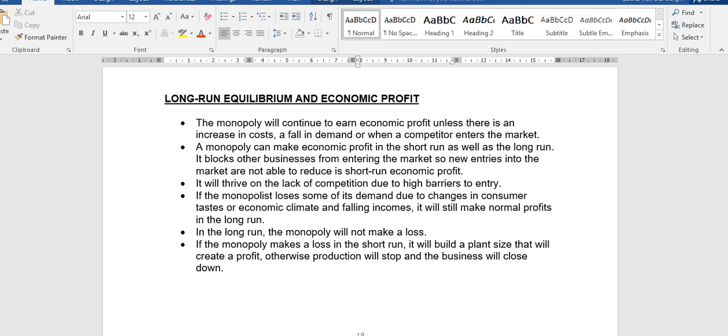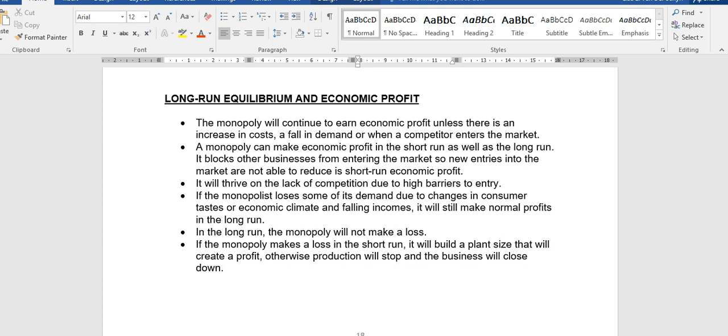Okay, so if you are asked to draw the long-run equilibrium position of the monopolist, like in question 1.4 in activity 7.2, automatically you need to know long-run equilibrium position is an economic profit. Okay, the chances of other stuff happening is less likely.